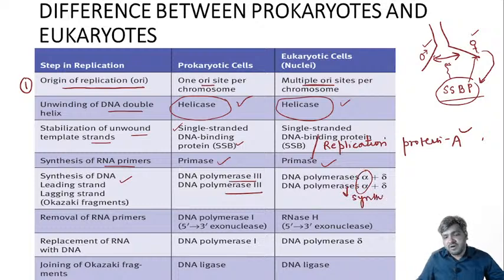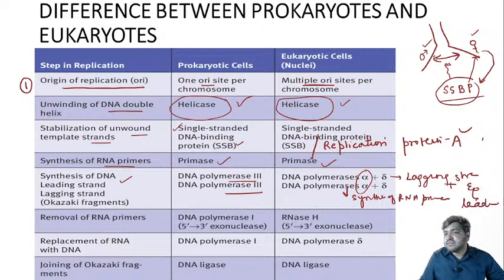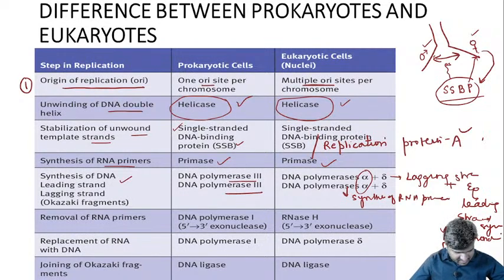Delta, you already know, is in the lagging strand synthesis, plus epsilon we have the leading strand synthesis, and gamma, you already know, is the mitochondrial synthesis, guys.